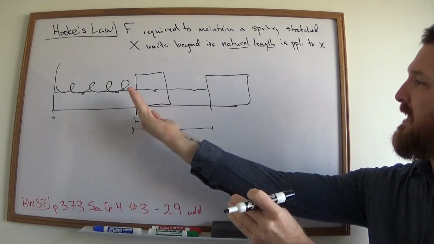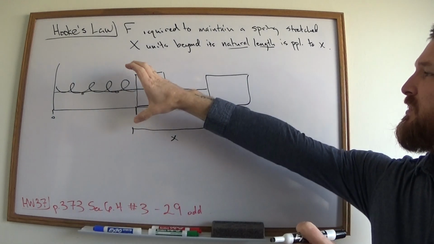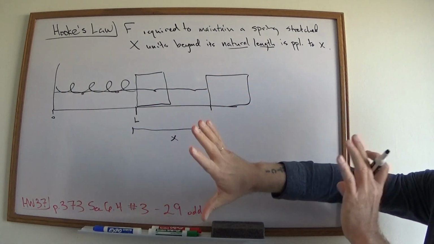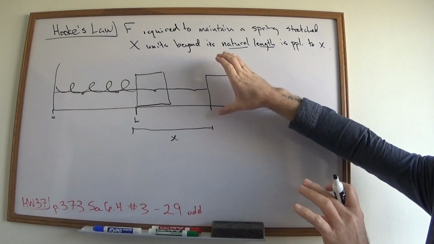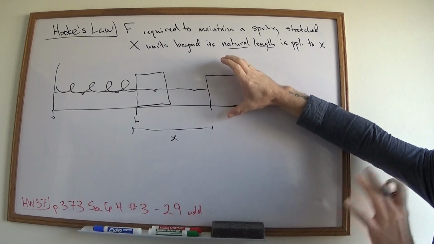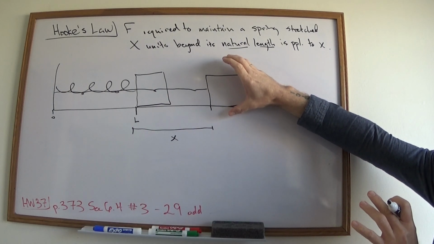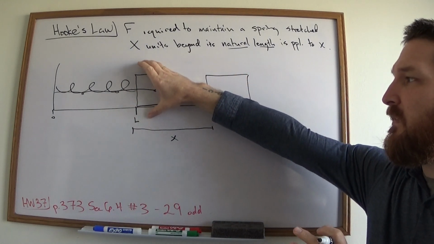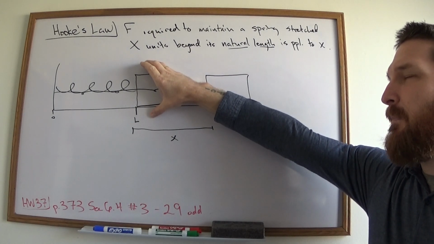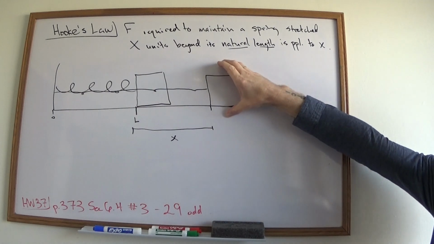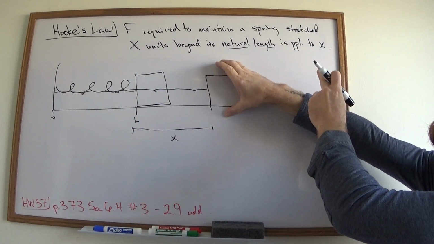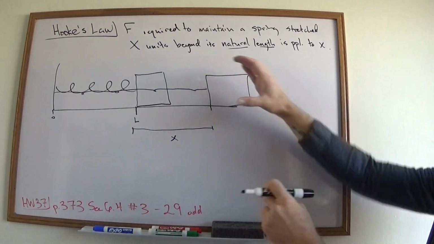To maintain this right here, how much force is required? We're just imagining I grab it, I do something, and now I'm holding it. It should make some sense that if I've only moved it this much, it doesn't take much force to hold it there. But if I move it a lot and hold it here, it's going to require more force. Well, it says that that force is proportional to x.